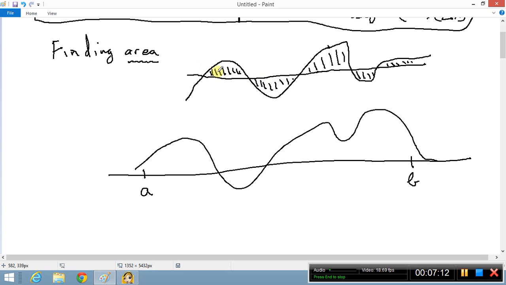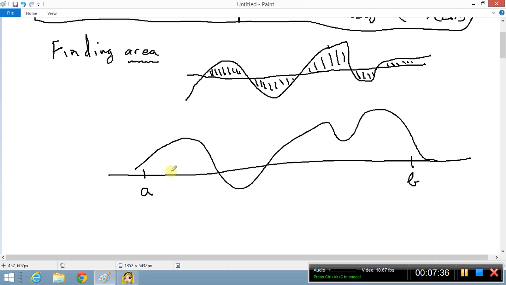And the integral would pick up on that. It would sum up, in some sense, positive numbers here, negative numbers here, corresponding to the area, and then positive here, negative here. And in the end, it would give you a number that corresponds to the total area, considering positive and negative.